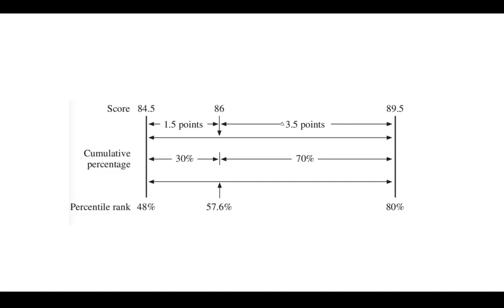In sum, 86 is 30% of the way from 84.5 to 89.5. So we go 30% of the way from 48 to 80, which is 57.6. So this is the percentile rank of the score 86.